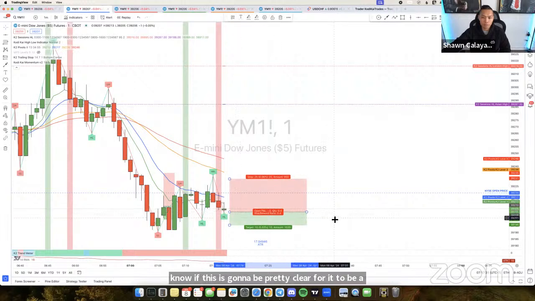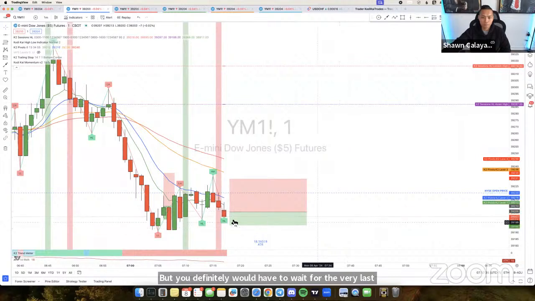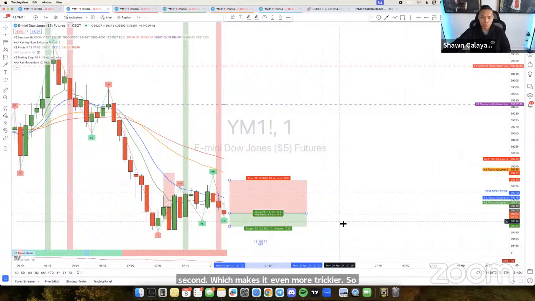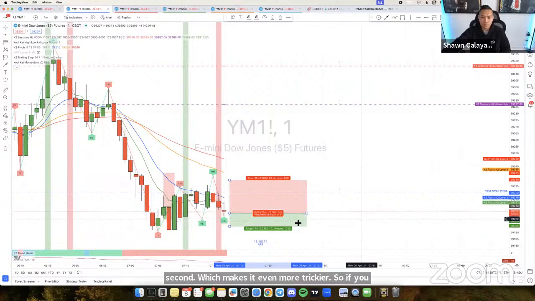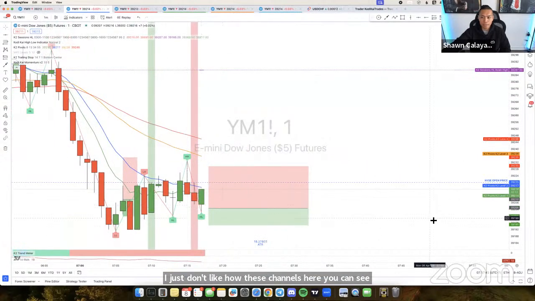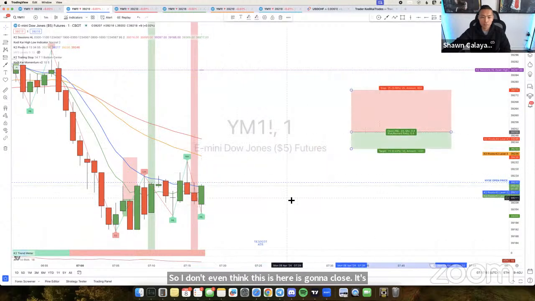You definitely would have to wait for the very last second, which makes it even trickier. If you guys want to take this, this could be the breakout V3 continuation. I just don't like how these candles, you can see how it's like a doji and it changes at the very last second. So I don't think this is going to close. It's not looking like it. Yeah, no entry there.